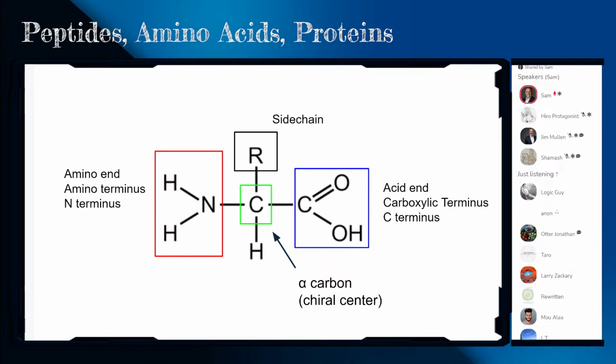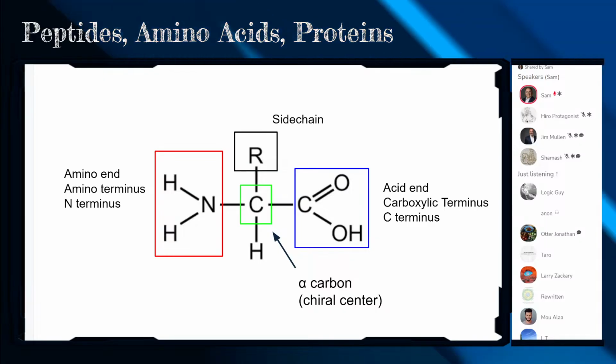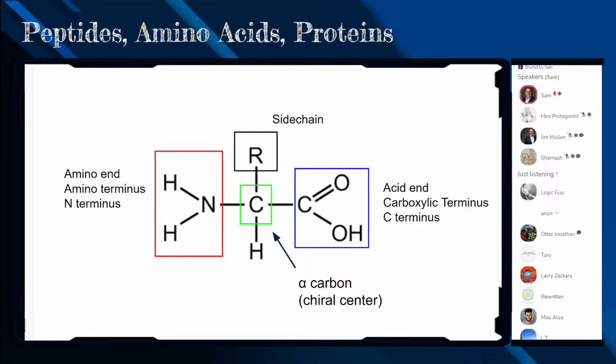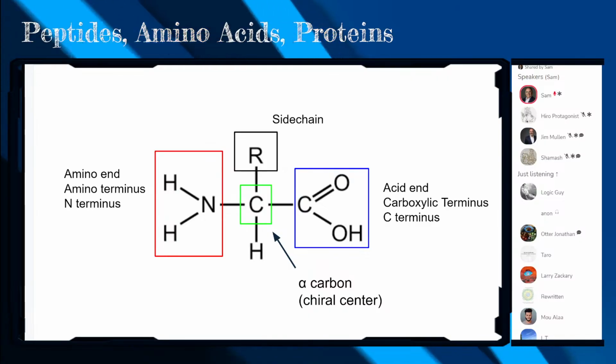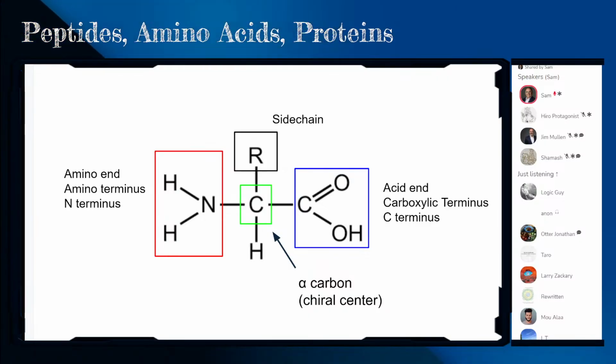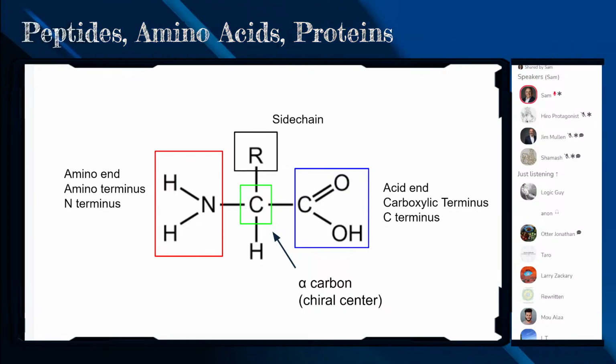On slide 10, we talk about the different parts of an amino acid molecule, because all of these parts become really important when we talk about proteins. Usually we write protein sequences with the nitrogen, the amine side, on the left, and the acid side on the right.